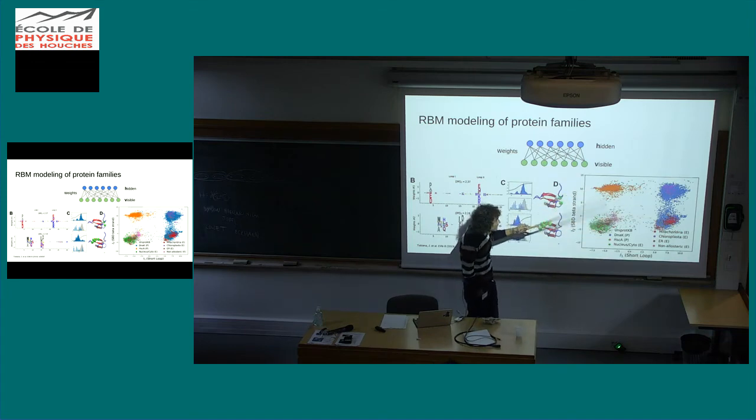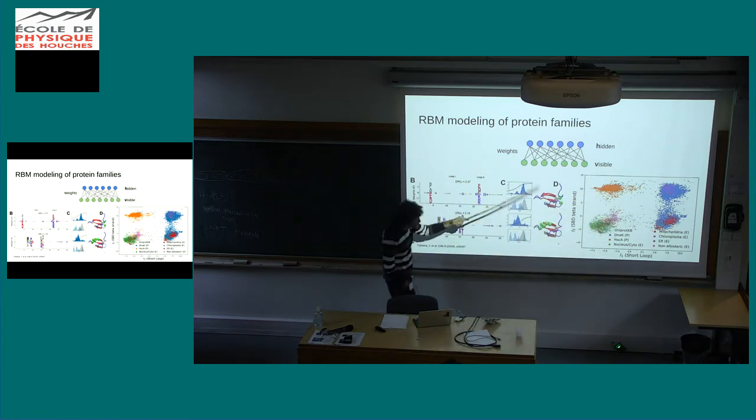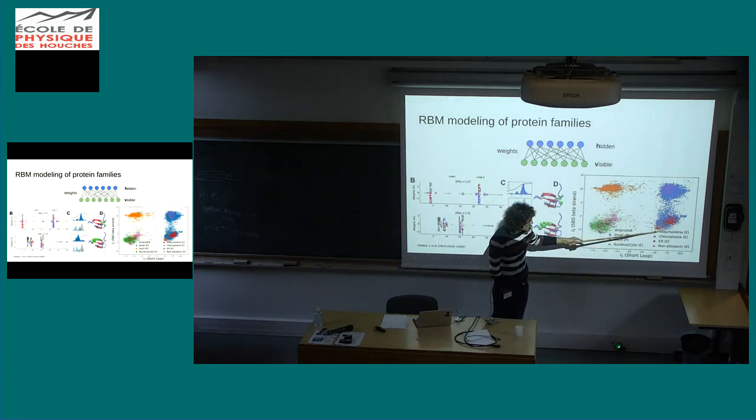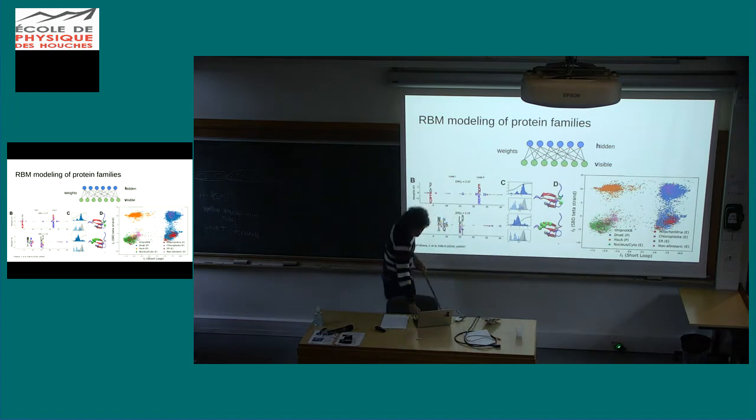It has some relation to the location of the protein in the cell, but it's not perfect. So in this case, for instance, the protein can be located in the mitochondria, in the chloroplast, in different locations of the cell.